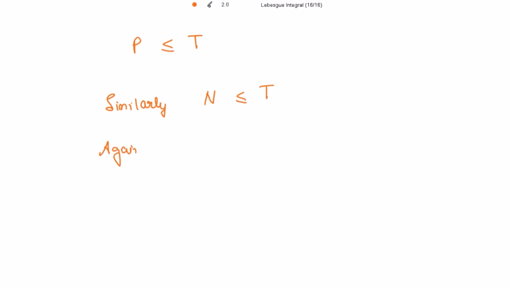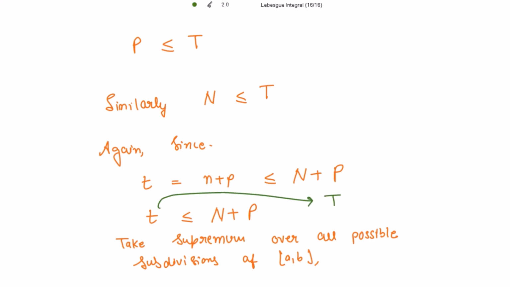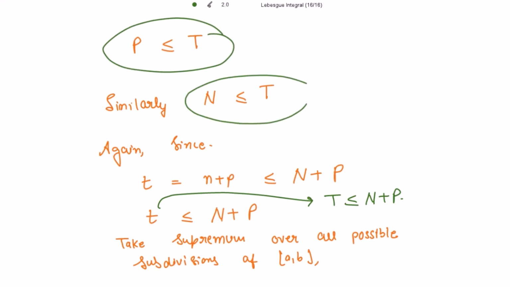And again, since small t is the sum of n and p, and because small n is less than or equal to capital N, and small p is also less than or equal to capital P, we write t to be less than or equal to capital N plus capital P. And if I take the supremum over all possible subdivisions of closed interval [a, b], the small t will change into capital T. So capital T is always less than or equal to the sum of capital N and P, right? So these relations are very important.